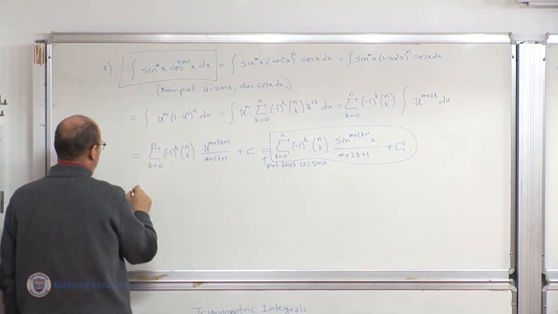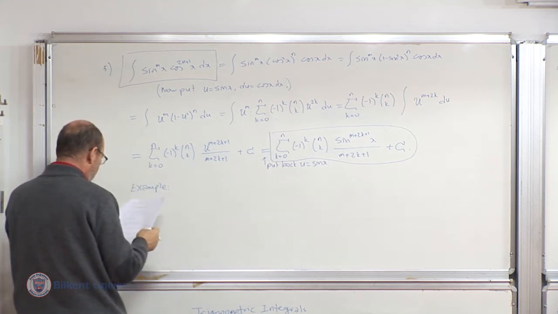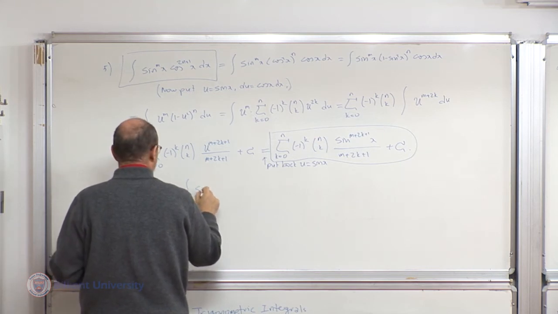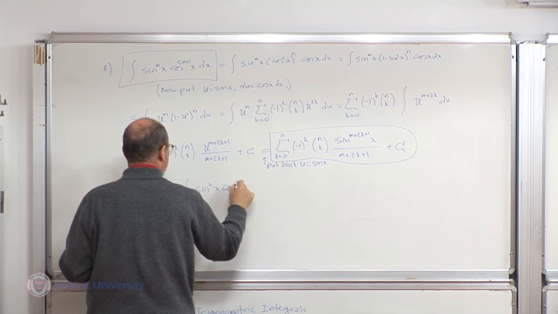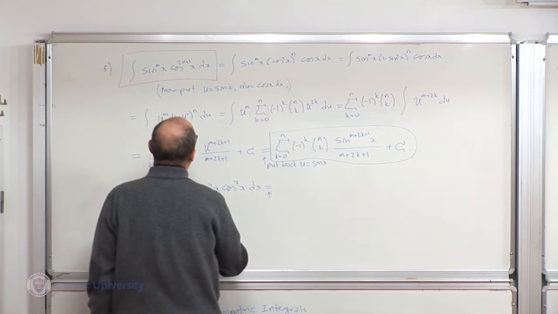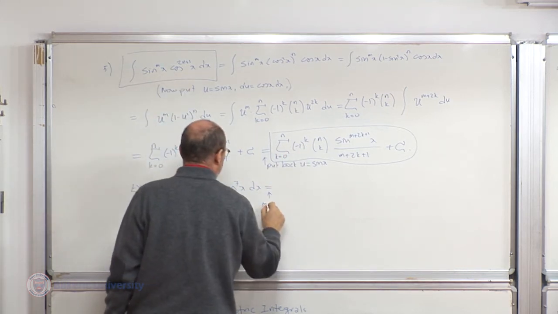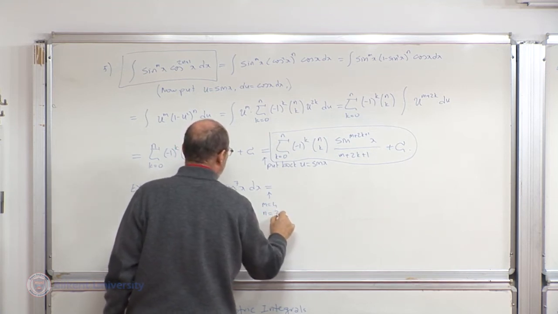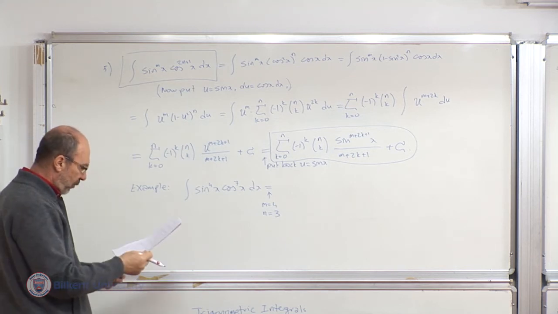As an example, with numbers, so that we believe what we are doing. I looked at this one: integral of sine 4x cosine 7x dx. Here m is 4, n is 3, right? 2 times 3 is 6, plus 1 is 7.